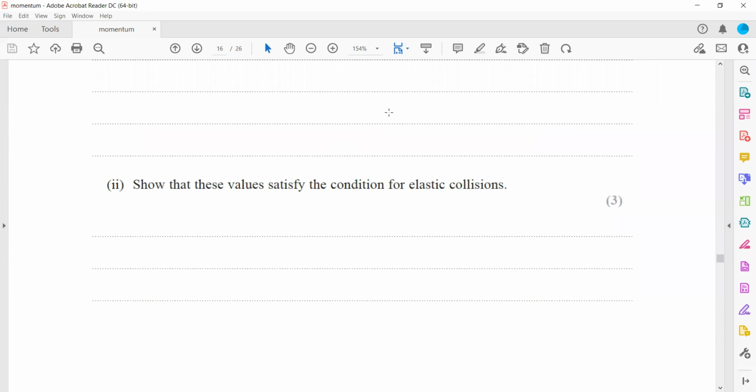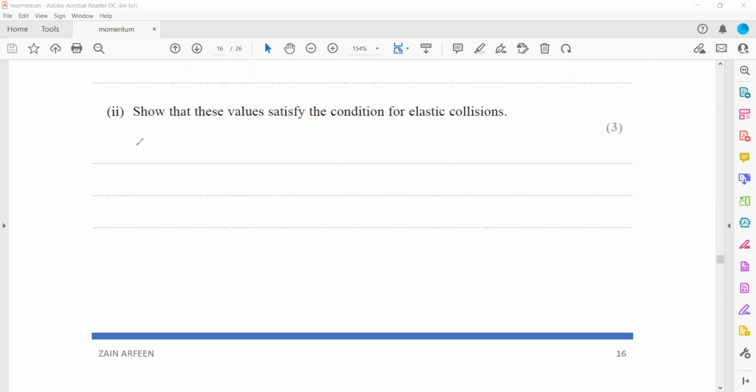Then show that these values satisfy the condition for an elastic collision. For an elastic collision, the total kinetic energy before should be equal to the kinetic energy after. Ball 1 is moving, ball 2 is stationary.